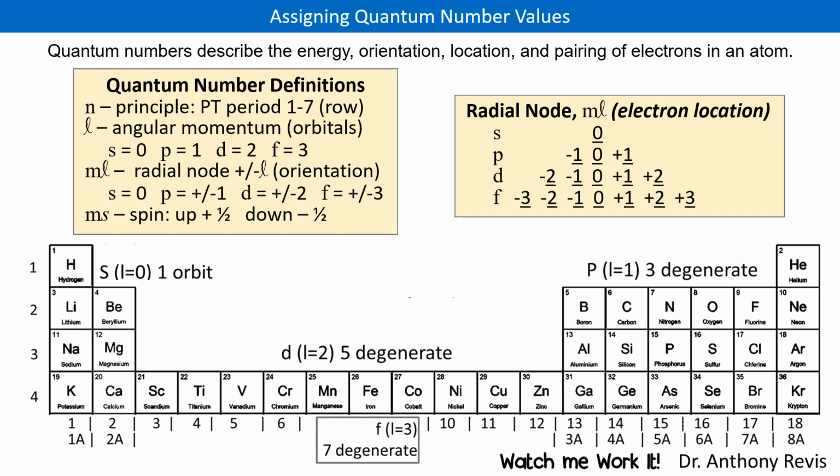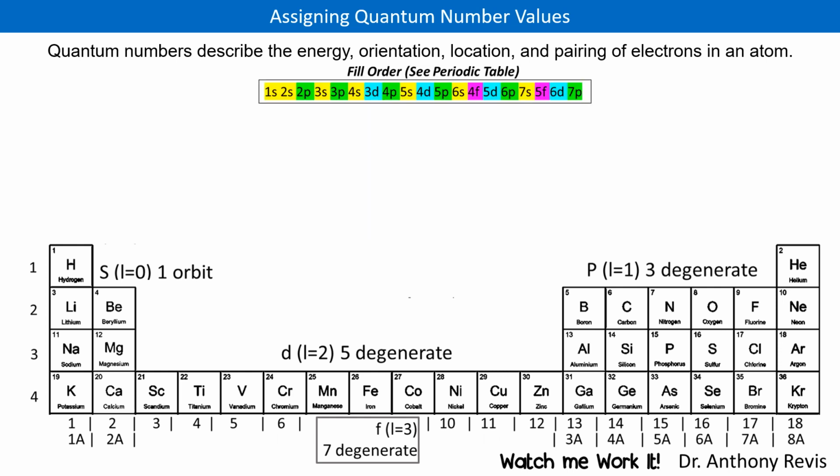All right? So now, let's take a look and work a problem to show you a little bit more about this. Now, when we talk about quantum numbers, we have to talk about the electronic configuration. An electronic configuration is simply a description of where electrons are on the periodic table.